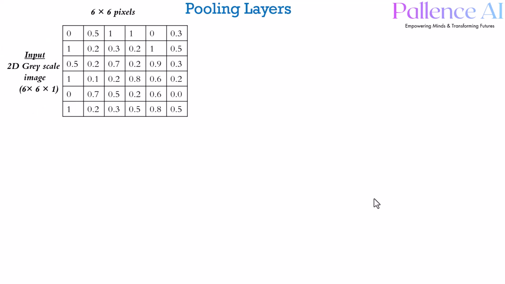So what are pooling layers? Pooling layers are similar to the convolution operation, but the operation itself is different. Let me again take a hypothetical, simple 6x6 2D grayscale image. Again, there's no depth, it's grayscale. So we're going to use a pool size. In a pooling layer, you also work with windows or filters or kernels, but typically we use the term pool size.